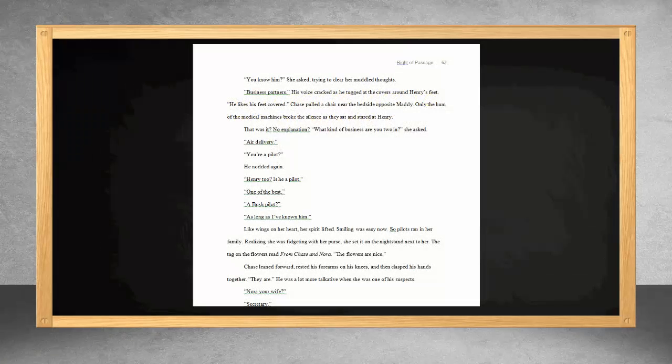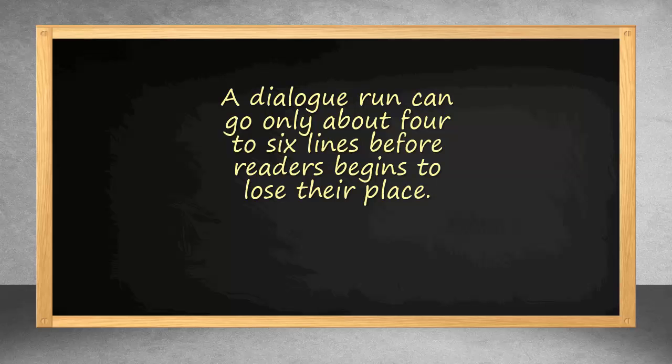And I should also mention dialogue runs. A dialogue run is just several lines of dialogue without description or narrative. And we like those sometimes. They kind of speed up the action and kind of give us a break, kind of a sigh of relief. And they're interesting. And we don't always need an attribution in a dialogue run, as long as there are only two people in the conversation, because we alternate back and forth.